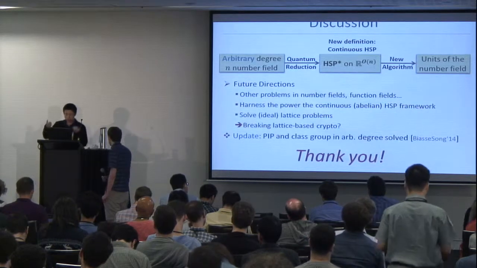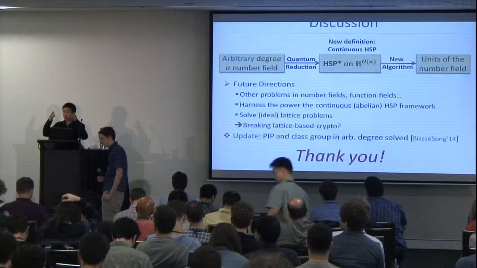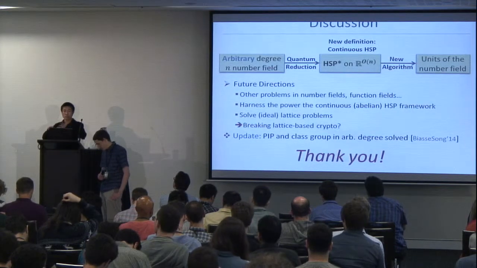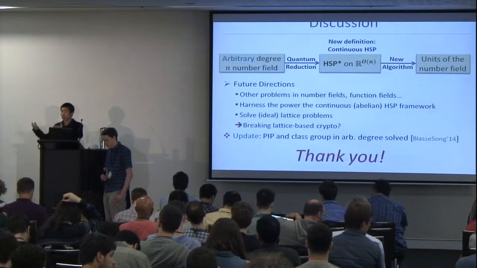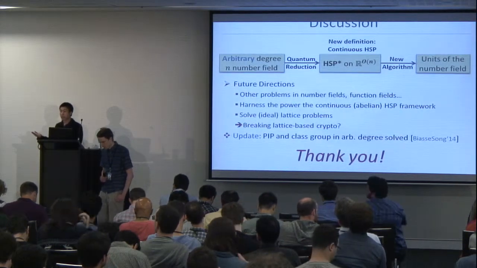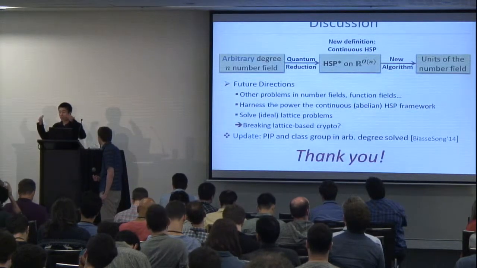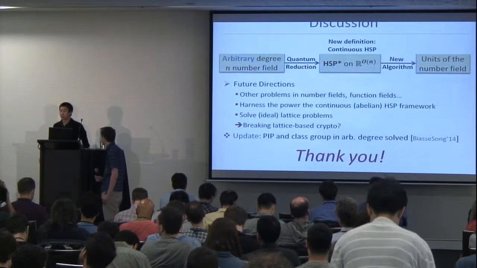I would say one key ingredient is the Lipschitz condition. In some sense, our HSP definition is stronger than the previous HSP definition. So the functions satisfy nicer properties, so that it's easier to see what happens when you do those Fourier transforms.